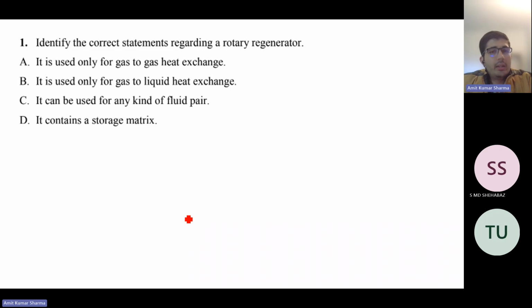Option A, it is used only for gas to gas heat exchange. B, it is used only for gas to liquid heat exchange. C, it can be used for any kind of fluid pair, and it contains a storage matrix. Take 2-3 minutes to think about it.